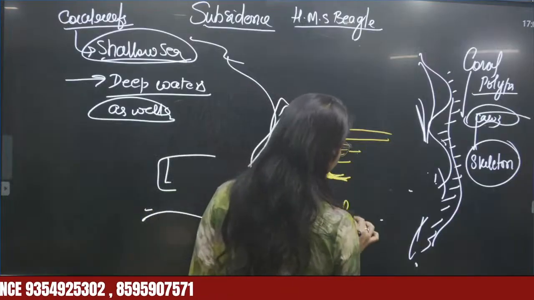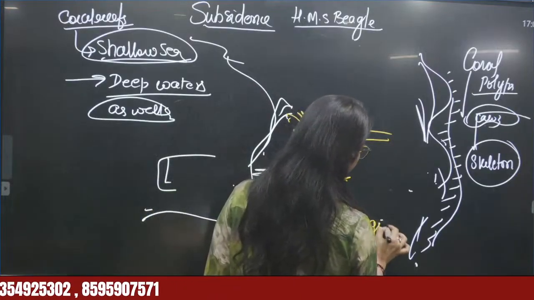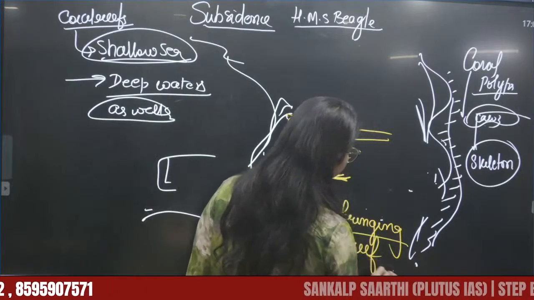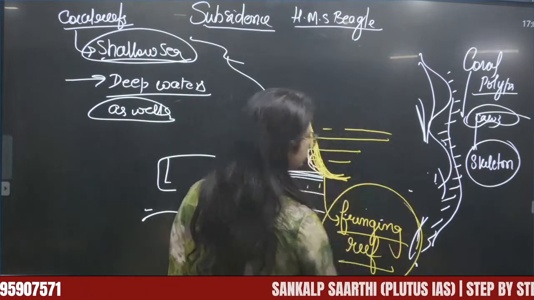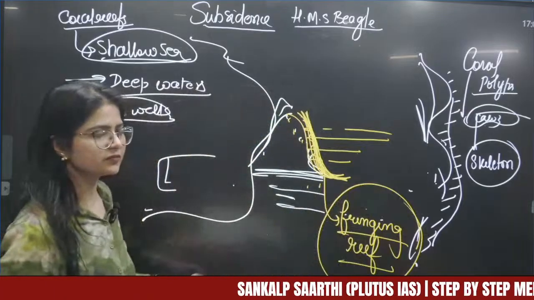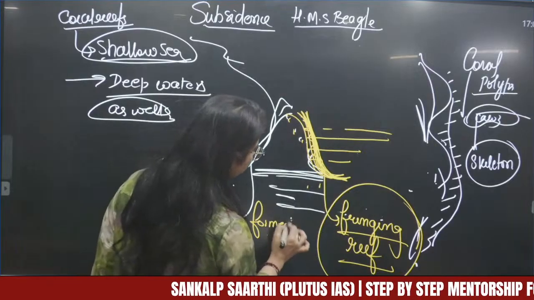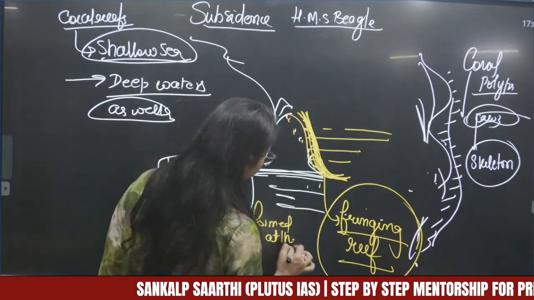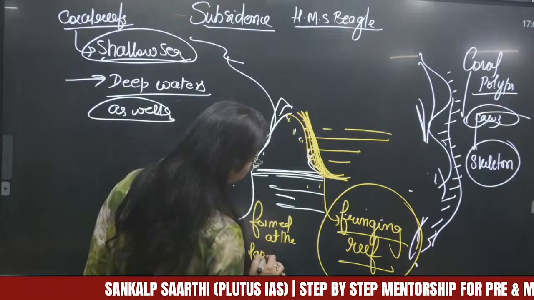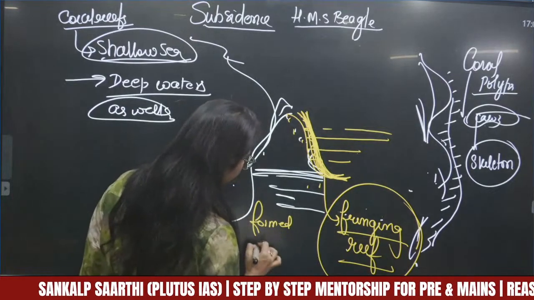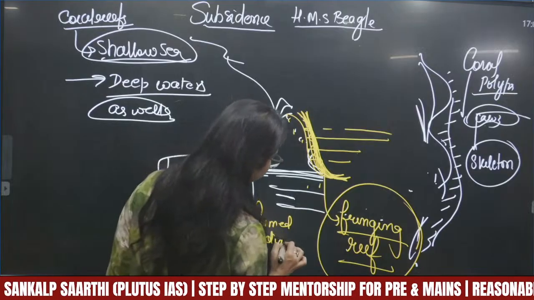I can call this as fringing reef. This is a type of a reef. This is a fringing reef. What is the characteristic? What is the definition of fringing reef? That they would be always formed adjacent to the land.